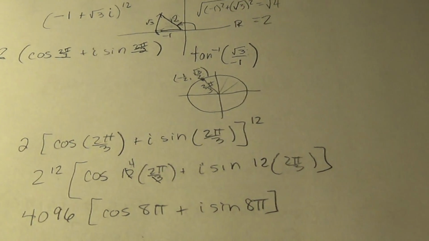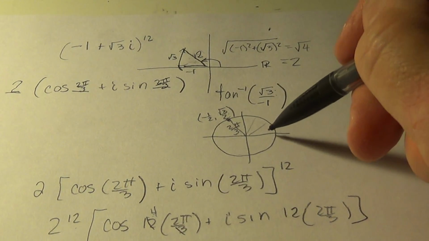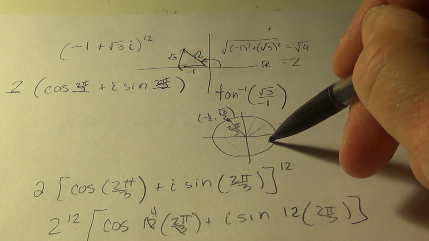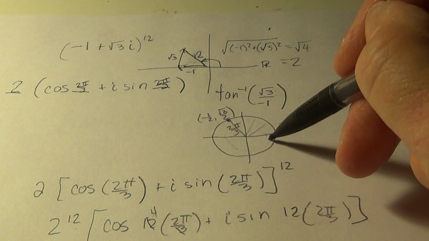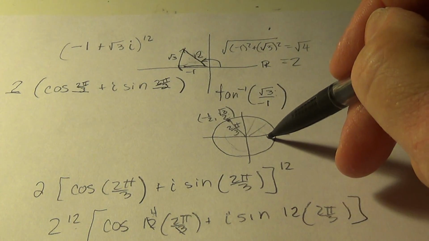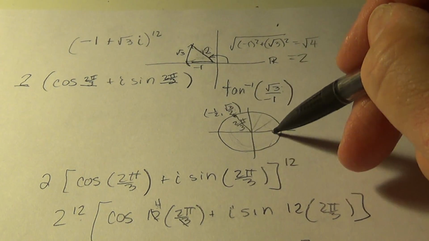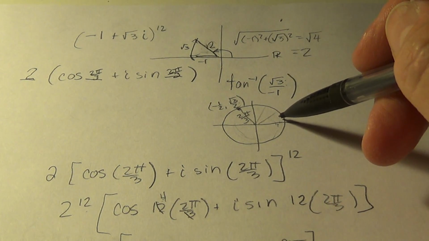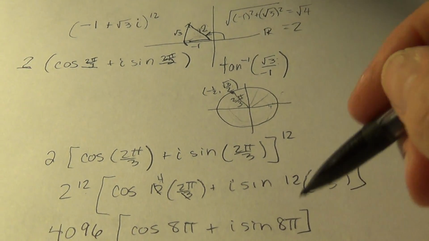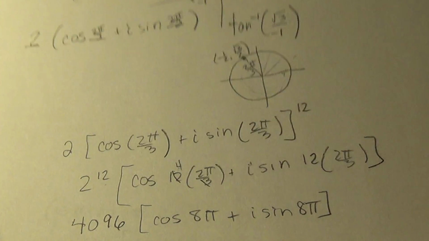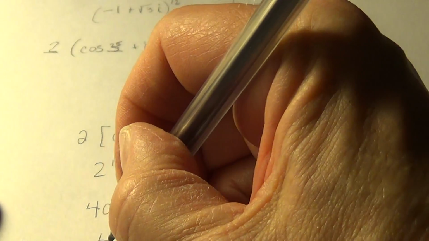And simplifying 8 pi on the unit circle, this is 0, 2 pi, it's also 4 pi, it's also 6 pi, and it's also 8 pi, because every time we go around the circle, we add another 2 pi radians. So 8 pi, in its simplest form, is just 0 radians.